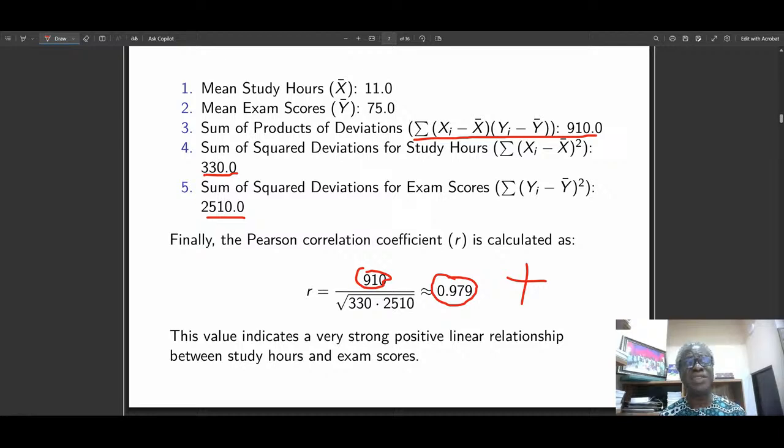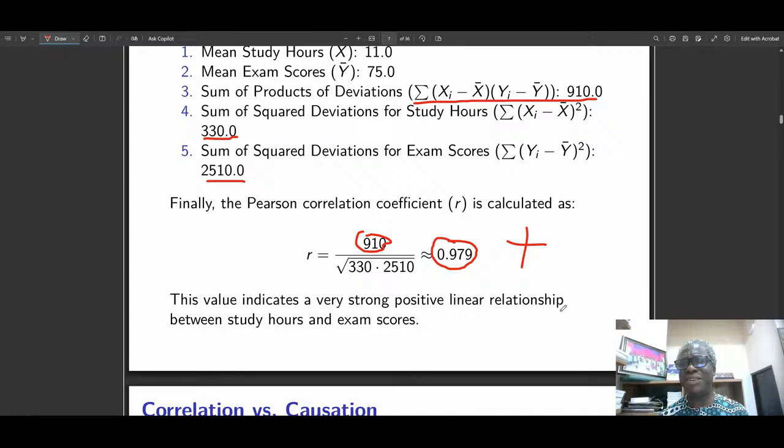Whether you as a person get a high score when you study for longer hours. So the situation might differ from person to person. So you can study yourself.